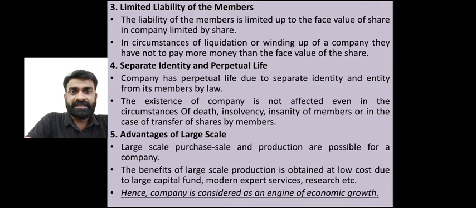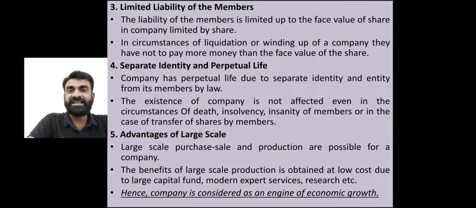Okay, right? Then fourth, separate identity and perpetual life. Separate identity: as it is registered under the Indian Companies Act 2013 or 1956, it gets a separate identity, and the company will be known by its own name. They can do financial transactions with a particular person in their own name.